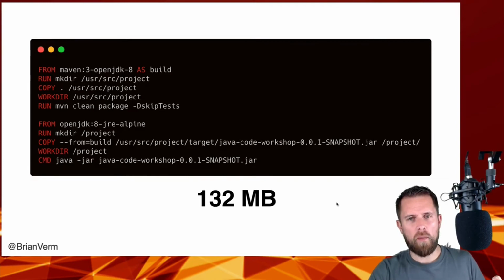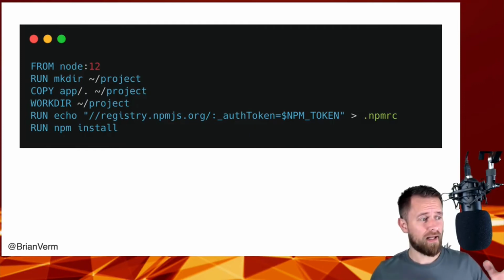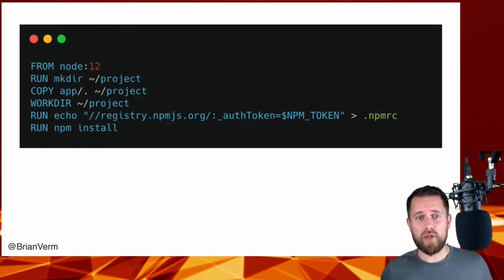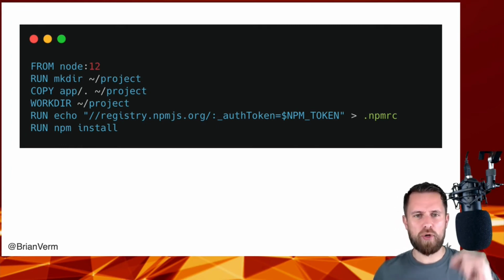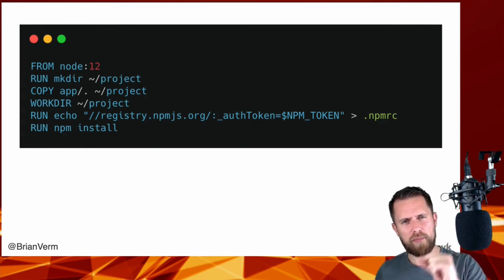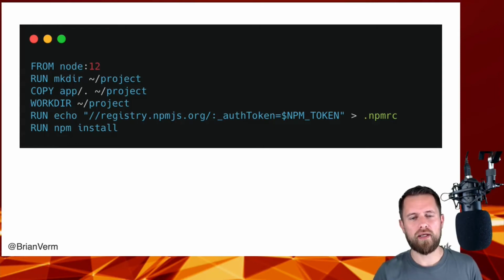More importantly, if you need to enter credentials within your build pipeline, like here, I'm using an NPM build that needs an authentication token. However, I do not want that in my production build, because if it ends up in my production build, it is there somewhere hidden in the cache or somewhere hidden in memory, and I don't want that.